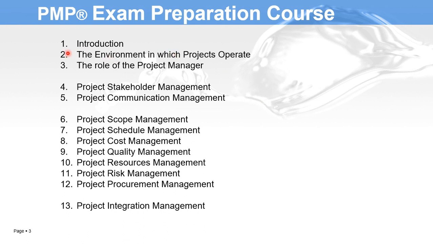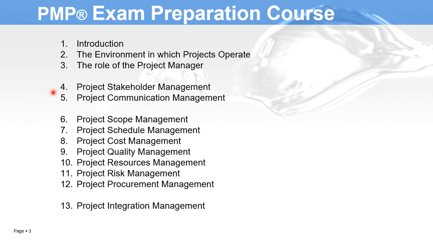First, we will start with the introduction to illustrate the main concept of project and project management, and then illustrate the environment in which the project operates. This is chapter 2, and then illustrate and discuss chapter 3, the role of the project manager. And then we will go to project stakeholder management and then project communication management.